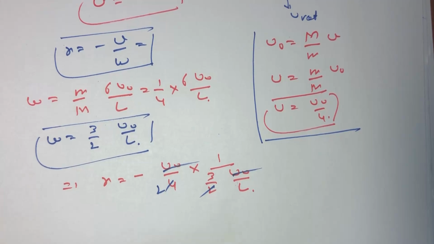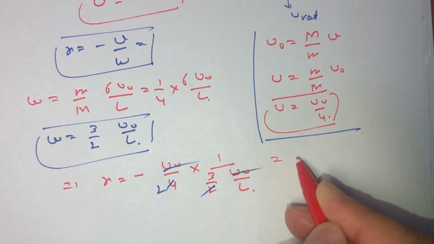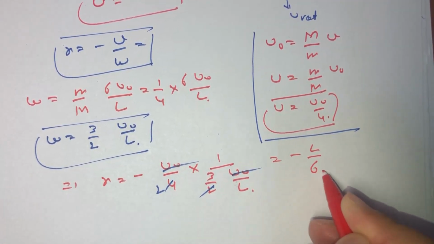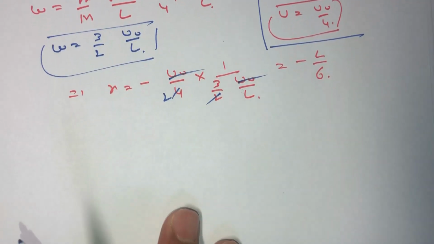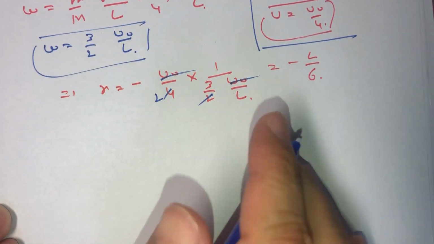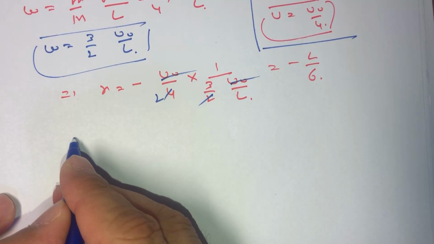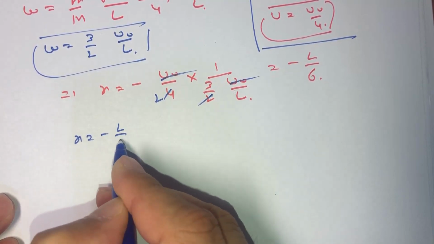So we get minus L by 6. So we got that our x, the distance of point P, is equal to minus L by 6.